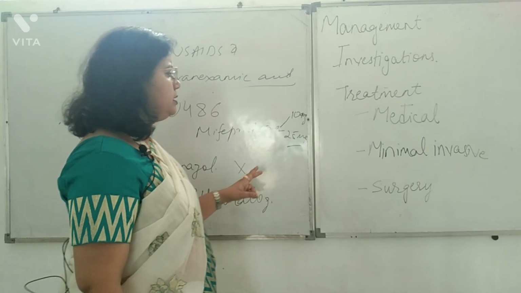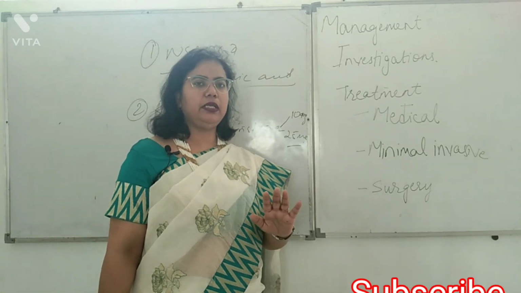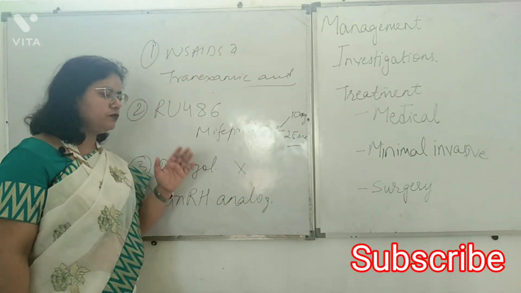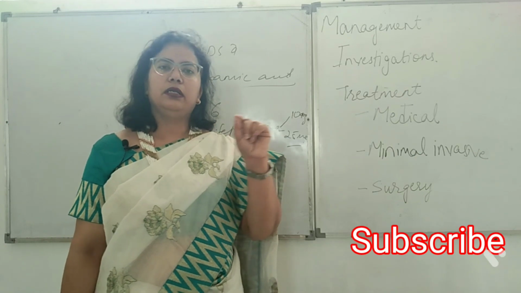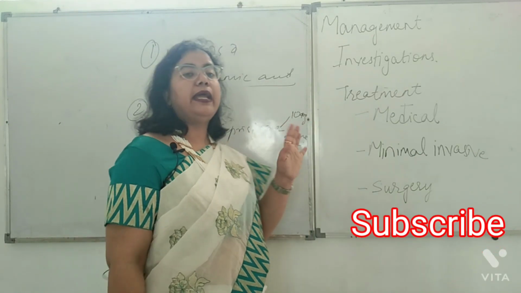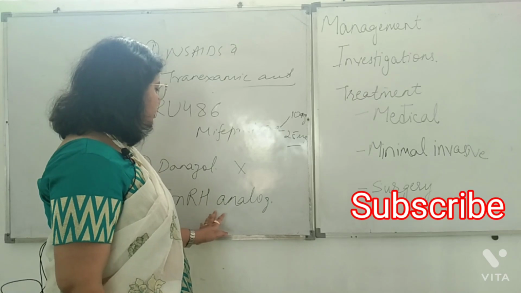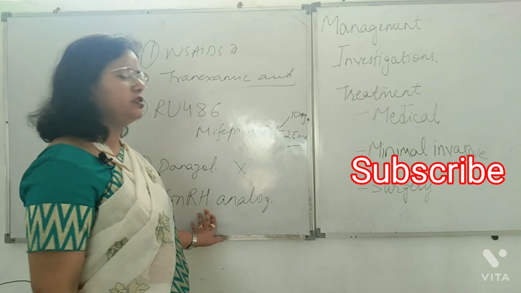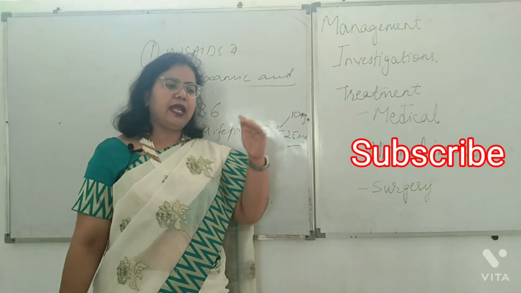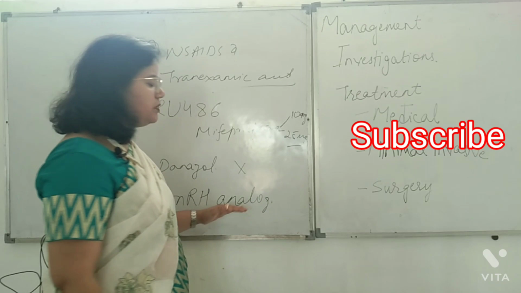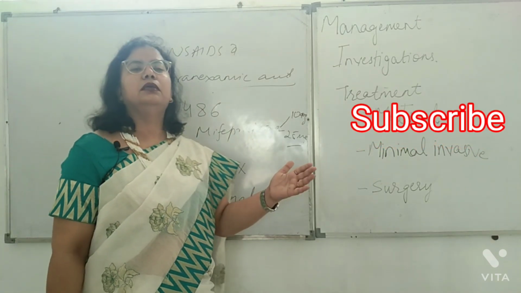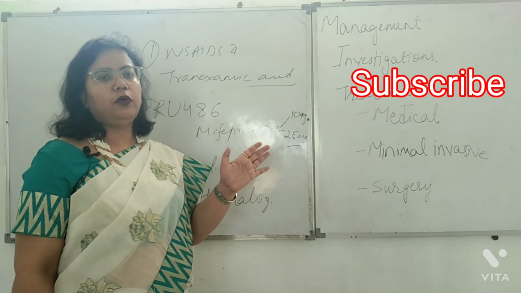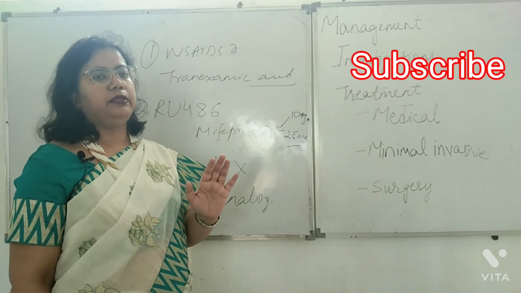Also one more indication, suppose she is a case of infertility and you have come to know that her infertility is because of some fibroid which is blocking the cornu. In that case you can put her on GnRH analog, especially GnRH analog, for some time. The size decreases, and after completion of the treatment you start her for ovulation induction and infertility treatment.